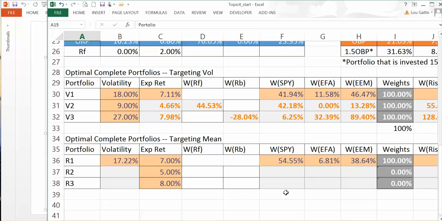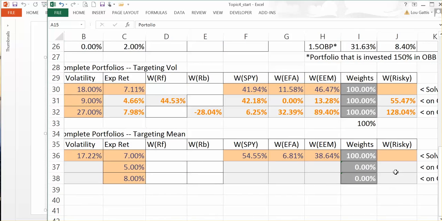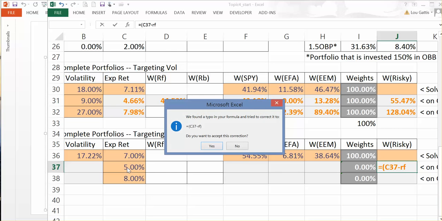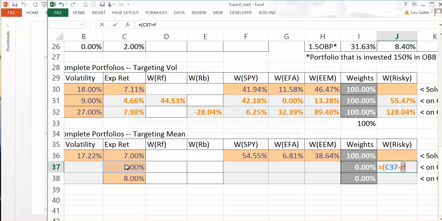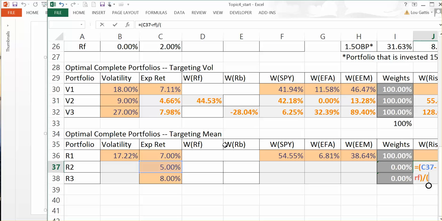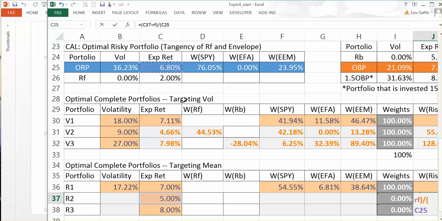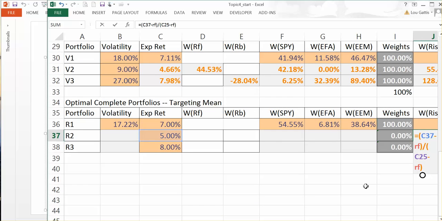So let's go ahead and do that. The weight of my risky is going to be a ratio of my desired return minus RF, that's the desired combined return, divided by the return of the optimal risky portfolio, 6.8, minus RF. So again, I'm trying to find a point that combines this portfolio and treasuries that gives me a total return of 5%.